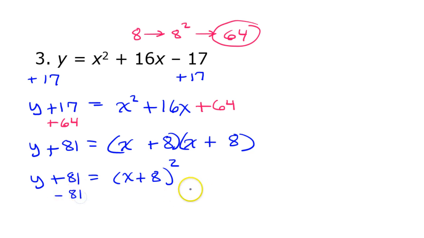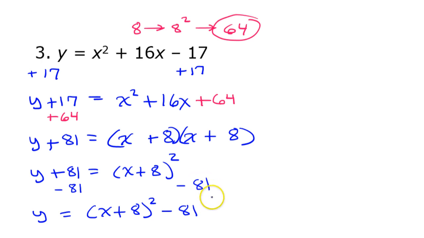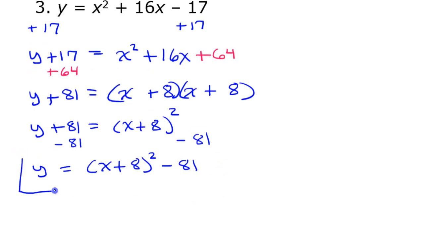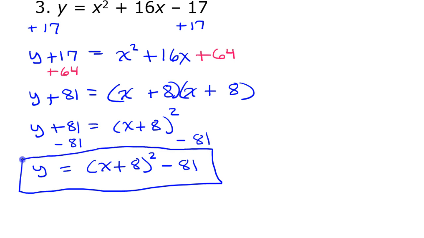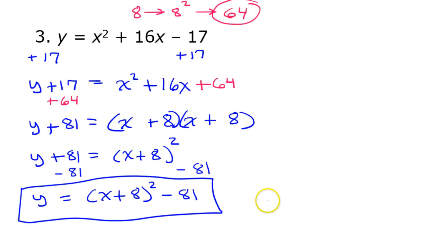Finally, subtract the 81 from both sides. So your final answer is y equals x plus 8 squared minus 81. And this is vertex form. Boom! Easy peasy lemon squeezy.